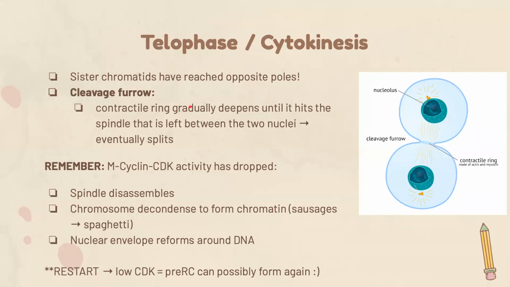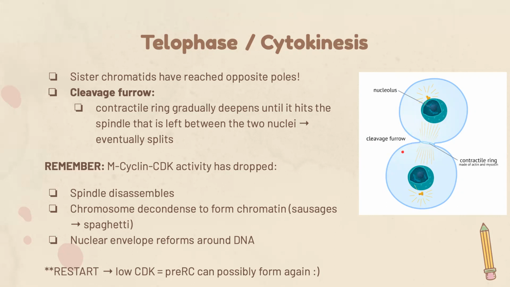Okay, so the last part is telophase and cytokinesis. It's talked about the least in class, I think, because there's not too much to it. It's when your sister chromatids, after anaphase A or B or a combination, which is usually the case, finally reach their opposing poles and you have a cleavage furrow start to form.